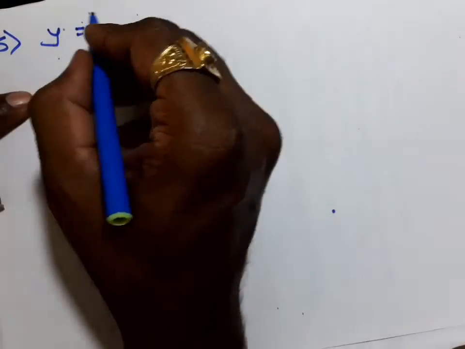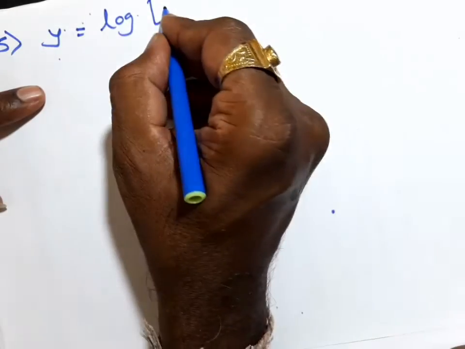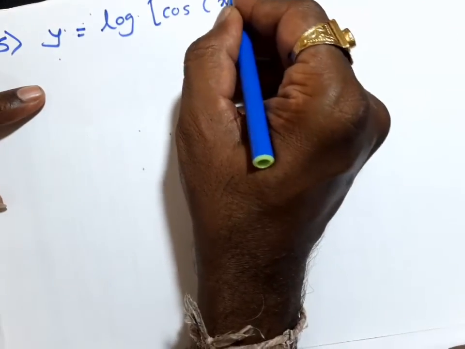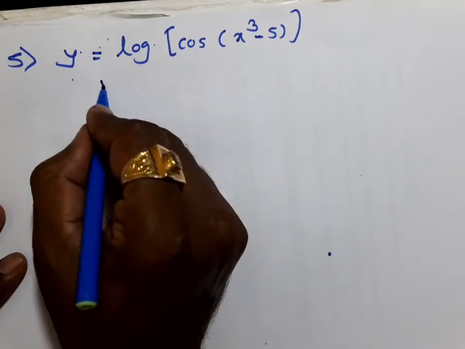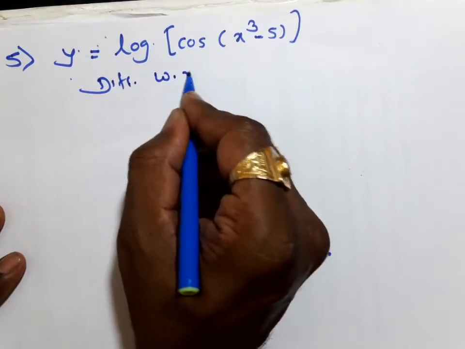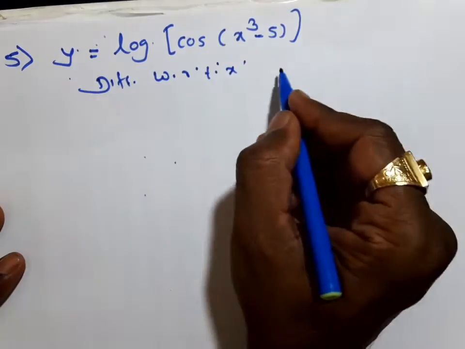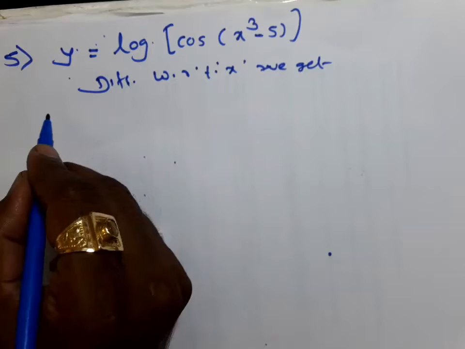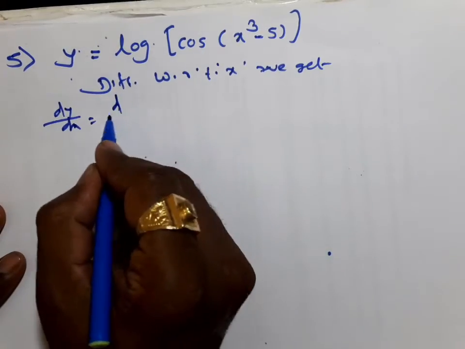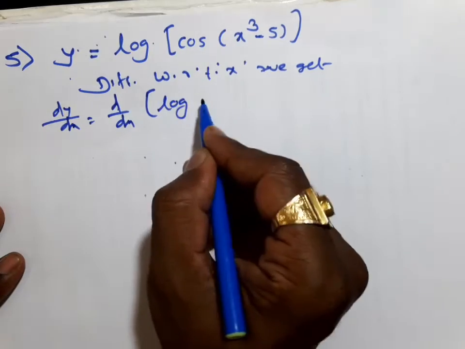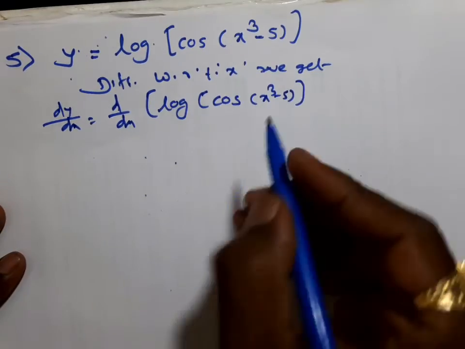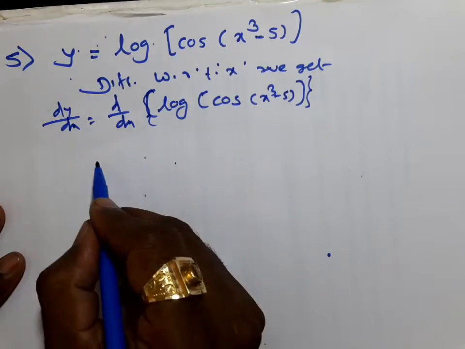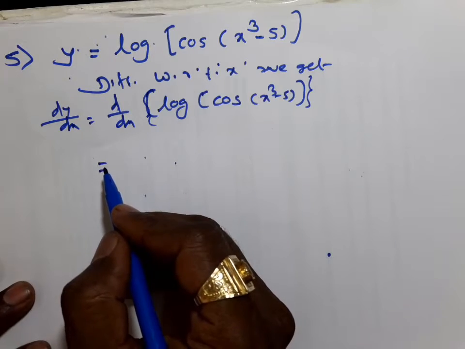y is equal to log cos of x cube minus 5. Differentiate with respect to x, we get dy by dx is d dx of log cos of x cube minus 5. Now what is the derivative of log x? It is 1 upon x.